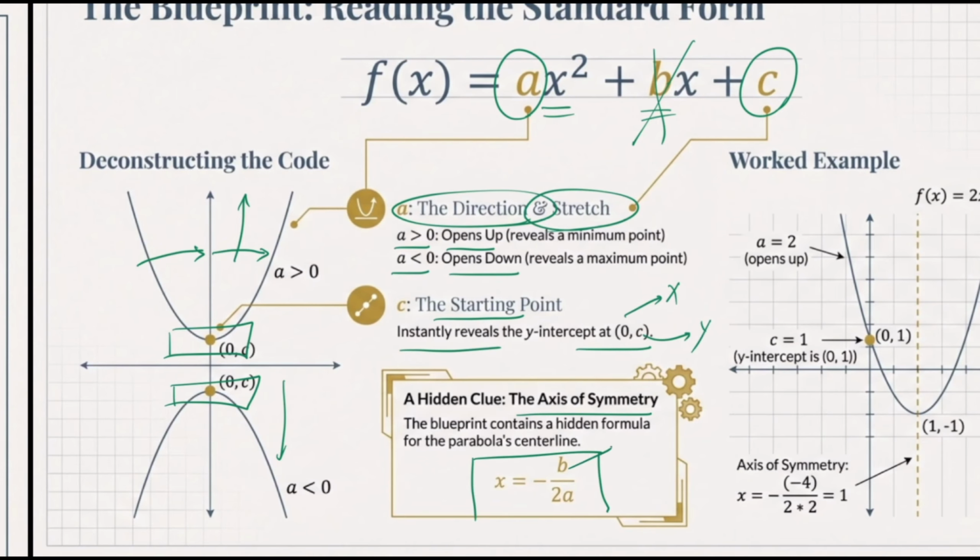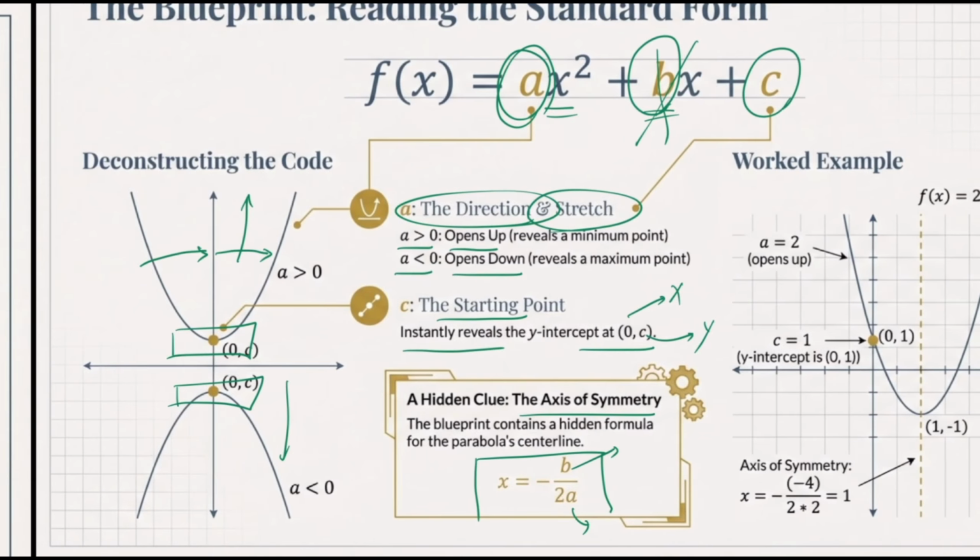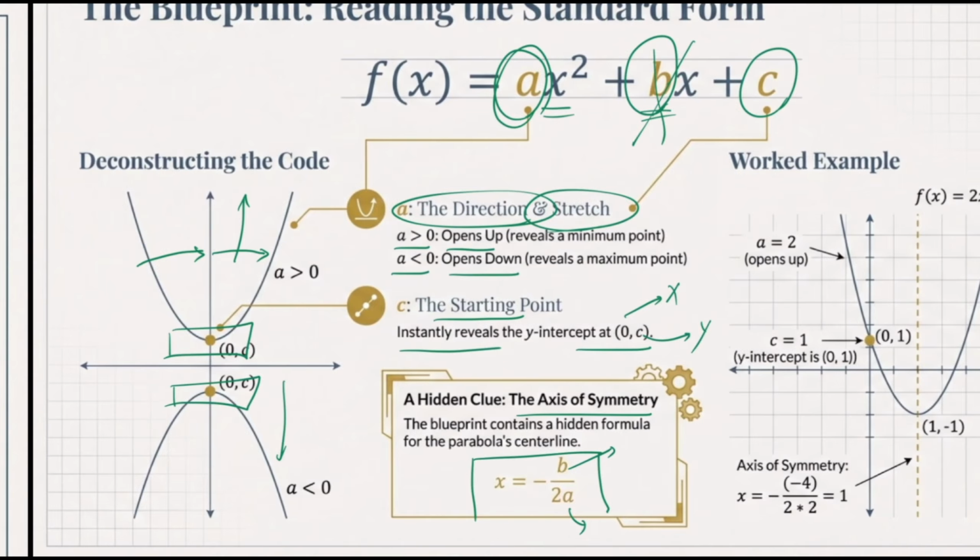What was b? It was the actual number beside the x itself, which right now we assume is 0. And a is the coefficient beside the x to the power 2, which is going to help me with the direction and stretch. For instance, at this point, if we assume that we don't have any b, or our b is just 0, my x is going to be 0. So the axis of symmetry would be x equals 0, which is going to be like this one.